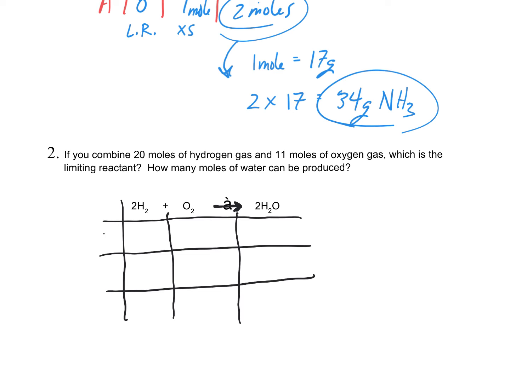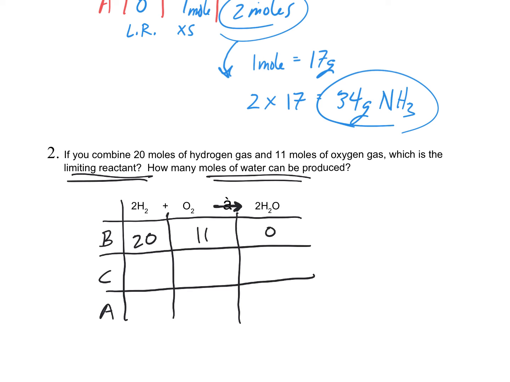And here we go, BCA. Given 20 moles of hydrogen, and I'm given 11 moles of oxygen. So I want to know what is the limiting reactant, and then I want to know how many moles of water I can produce. All right, before the reaction starts, we've not made any water.